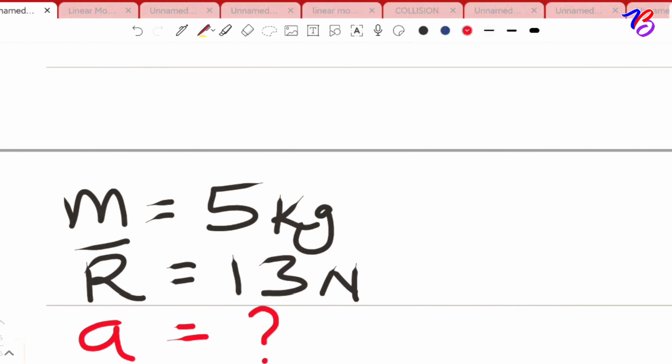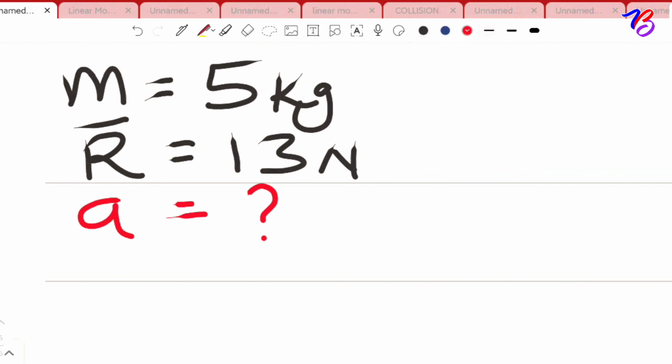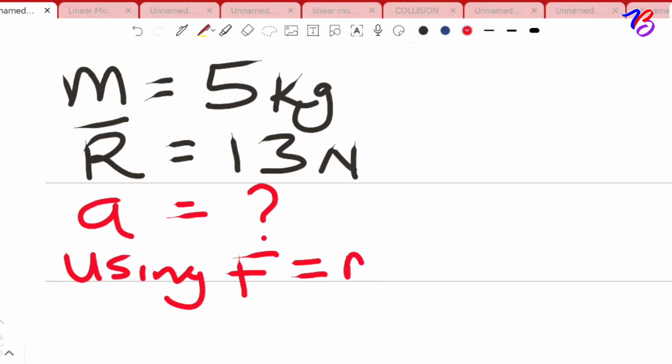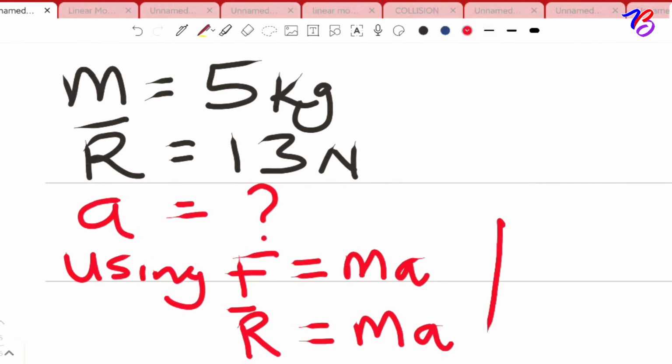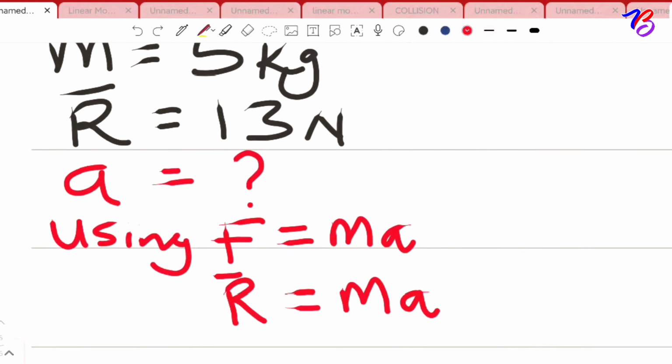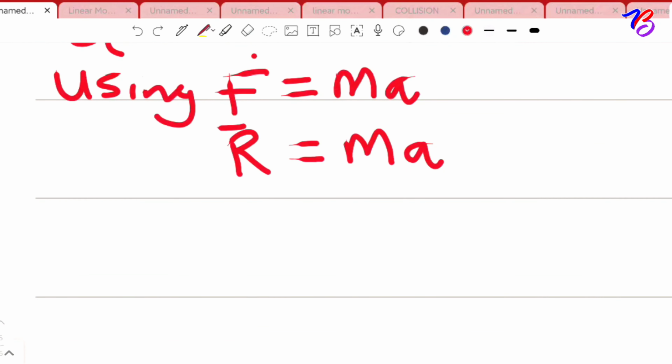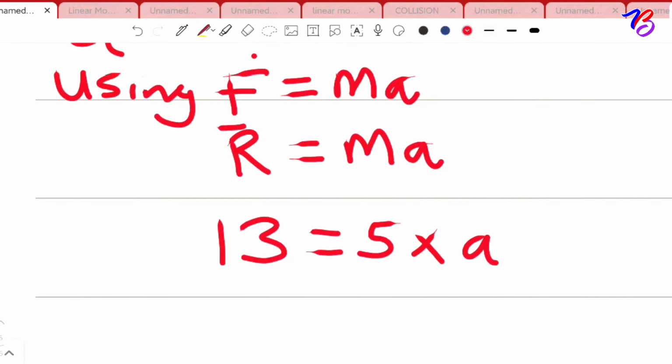Now, if you recall from our linear momentum, F is equal to MA, right? So using F is equal to MA, then we can say that our resultant force is equal to MA. Now, let's substitute into this so that 13 is equal to 5 multiplied by A. So that 13 is equal to 5A.